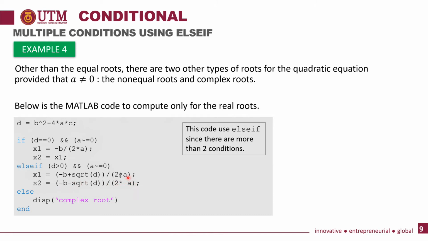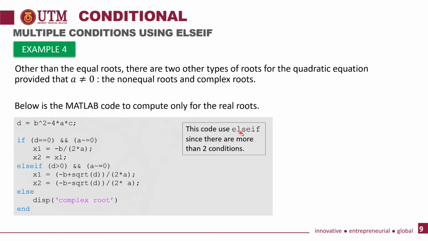This example will show you the real roots. And then else, if those two conditions are not fulfilled, it will display complex root. I think you can revise back to your engineering mathematics: what are the equal roots, non-equal roots, and also complex roots? Then you can relate it with this example.